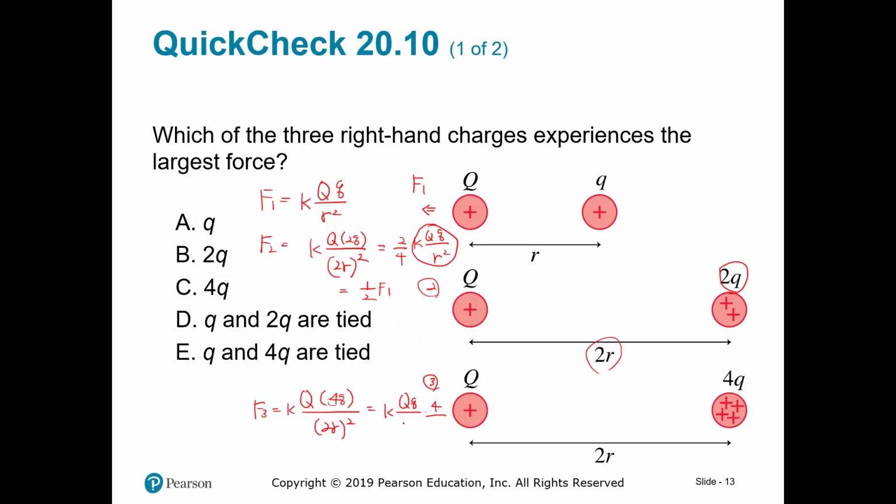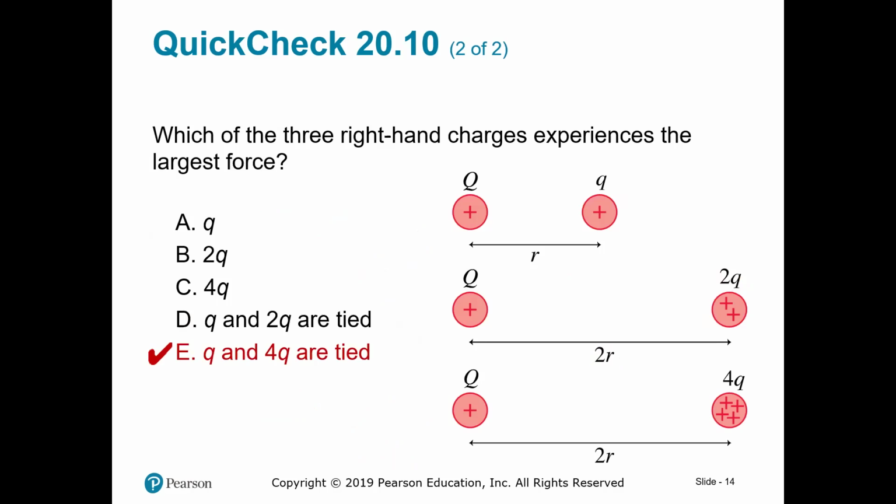And then you have R squared and 4. So you will cancel, and then this is exactly the same as F1. So the first case and the third case are the same force. And the second case is actually half of them. Right? So the answer is E.